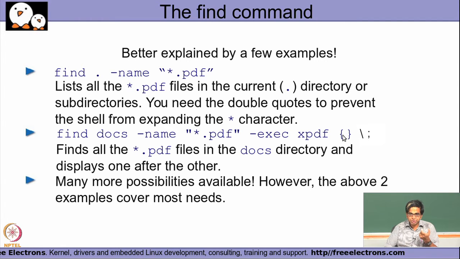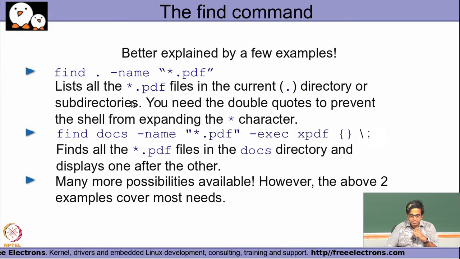That substitution of the open braces and close braces will be done automatically and replaced with the relative path name by the find command whenever it finds a .pdf file, right.